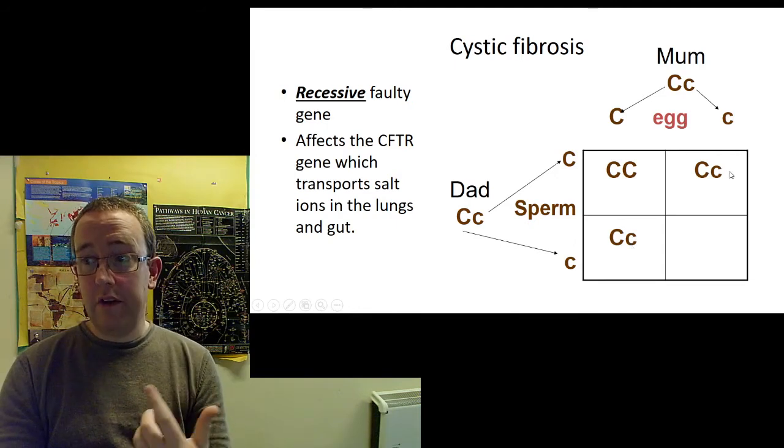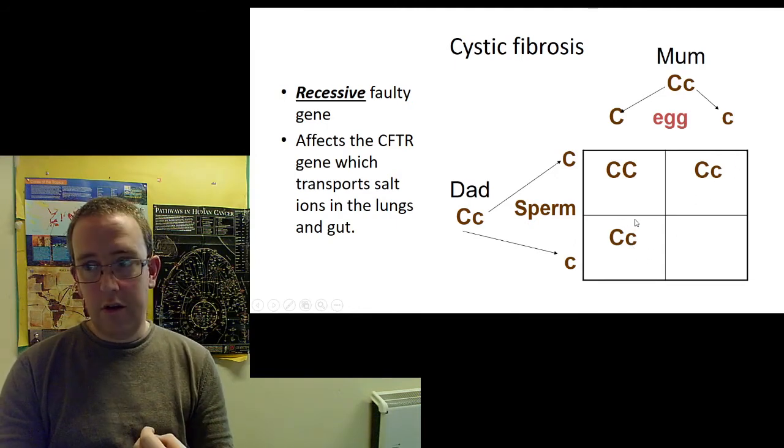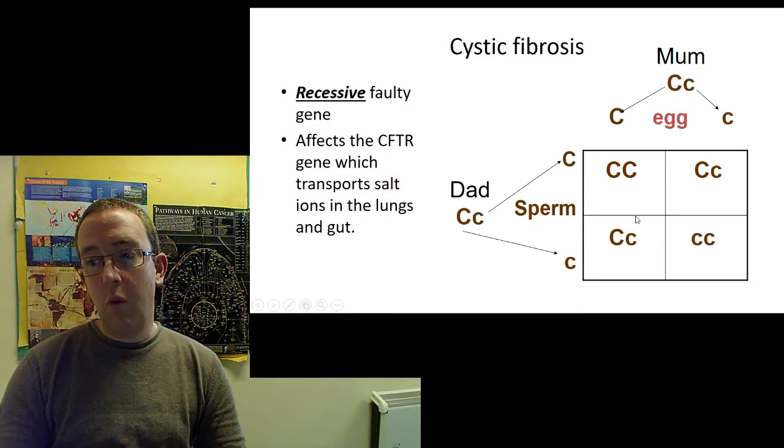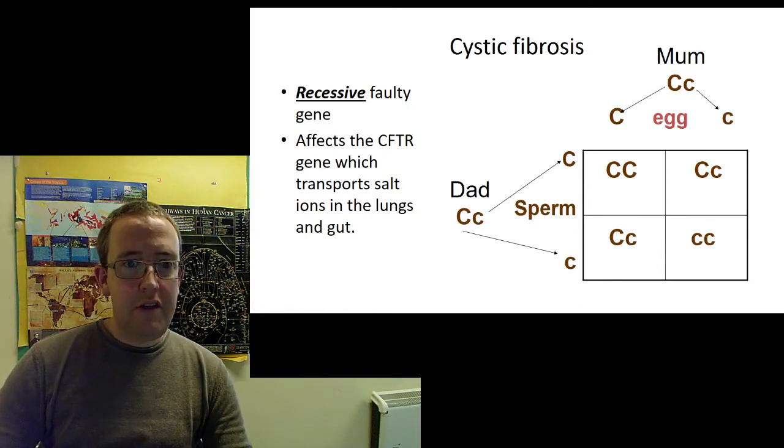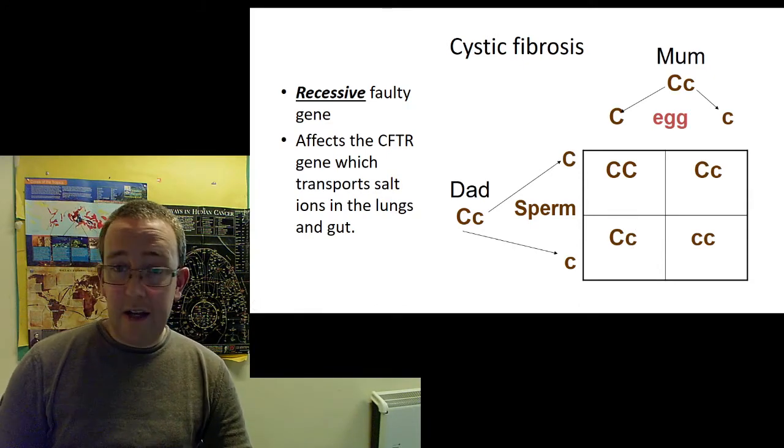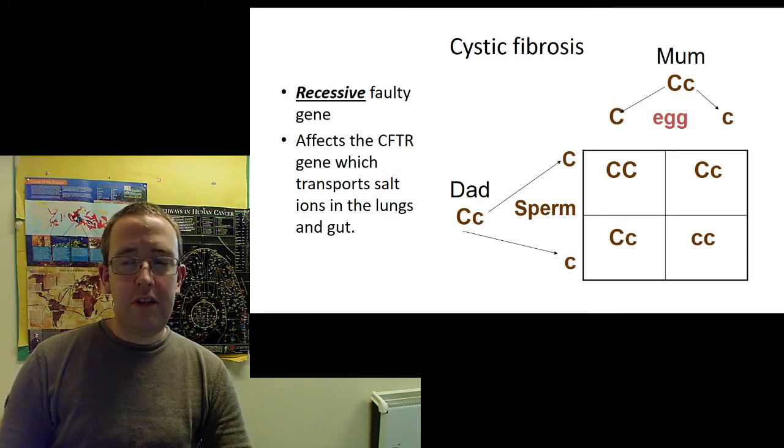They can pass this gene on in the future, okay? And then the 1 in 4 unfortunate person, double c down there, little c, that's the person with cystic fibrosis, that 1 in 4 chance.